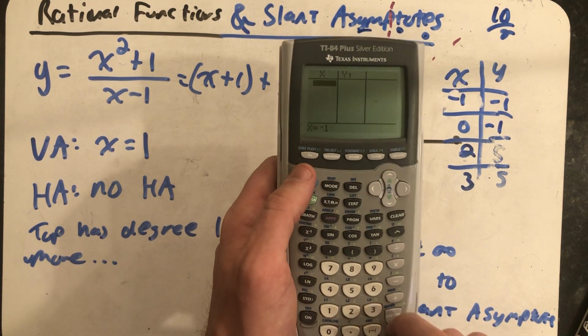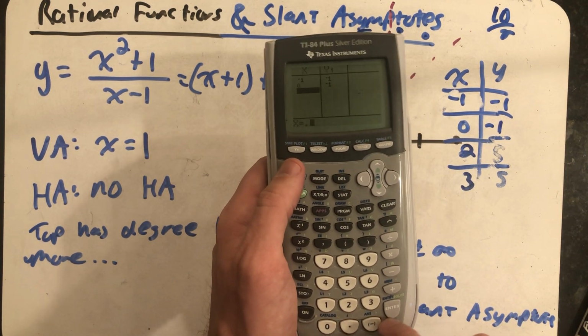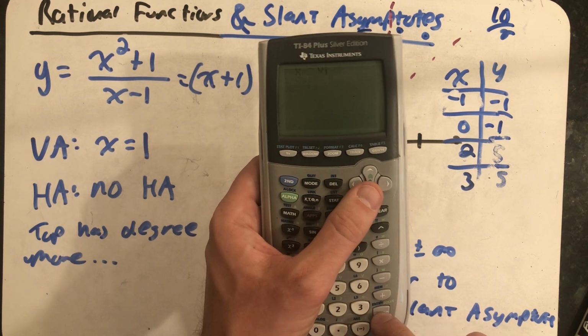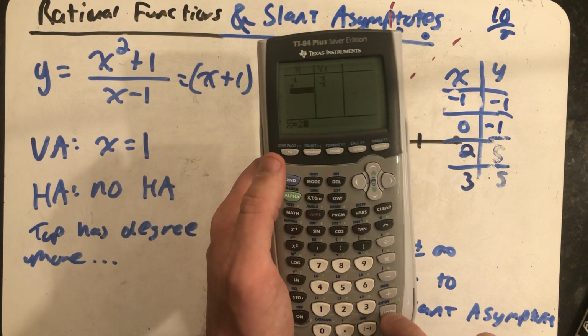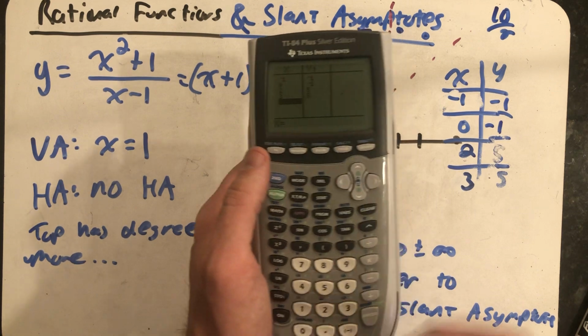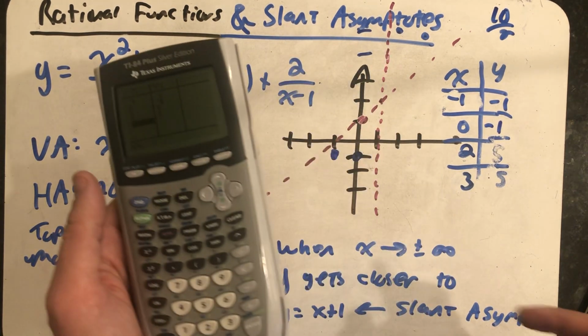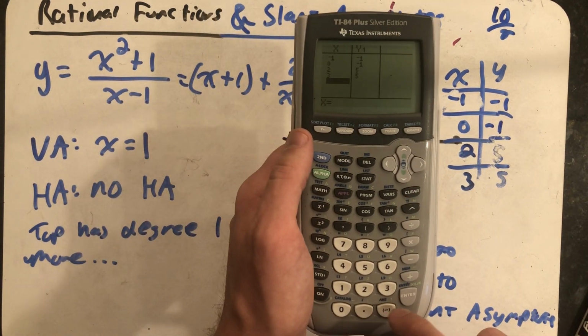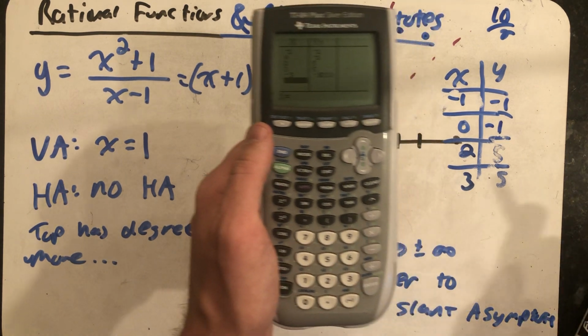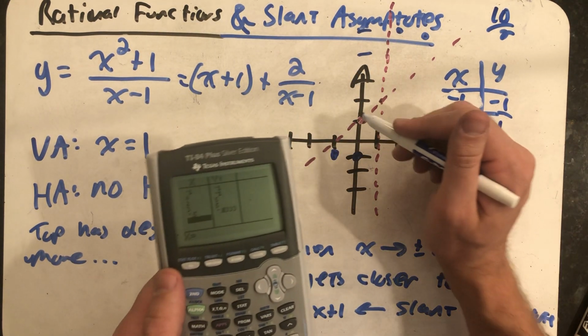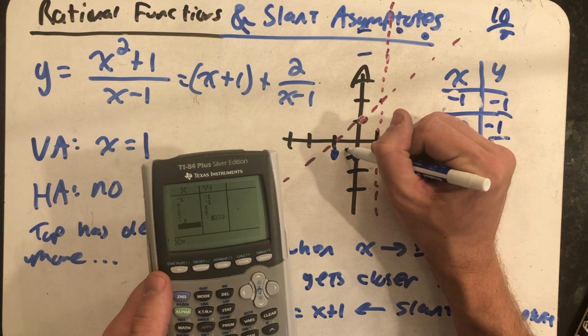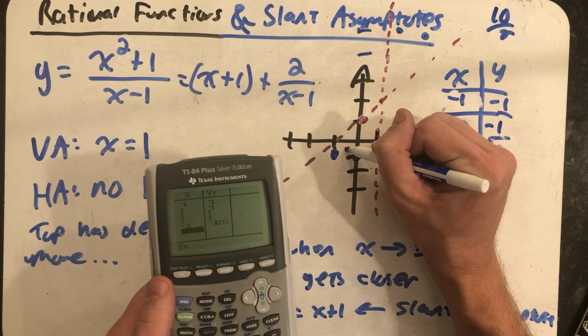So far we've plugged in a minus 1, a 0, a 2, and a 3. I just want to plug in a few other values without having to work hard. So I'm going to plug in a minus 1/2. You get out a minus 0.833.